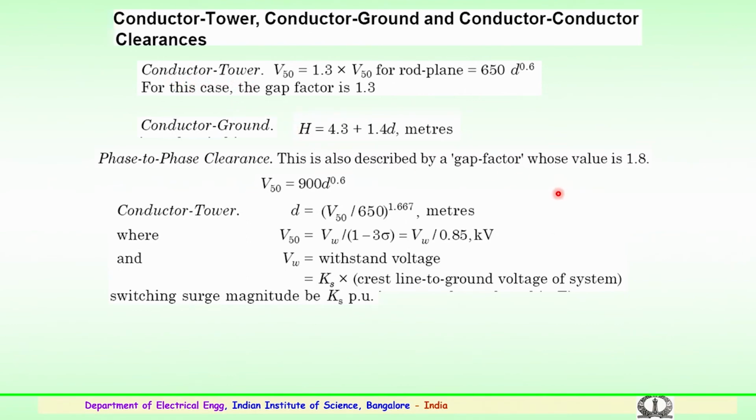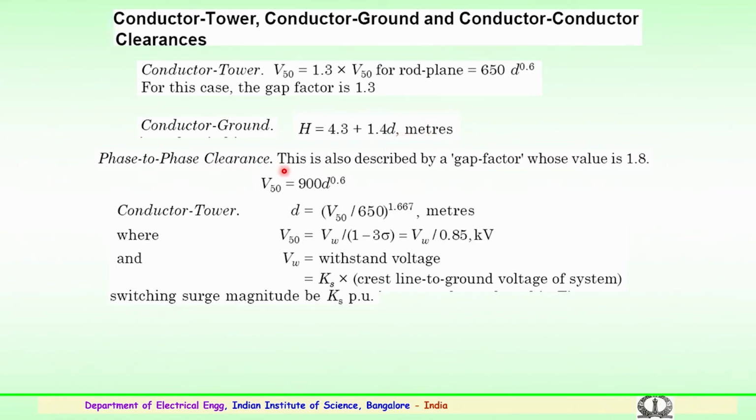It is given by a simple formula where V50 is equal to 1.3 into V50 for rod plane type of arrangement, which is equivalent to 650 D to the power of 0.6. For this case, the gap factor is generally assumed to be 1.3, and for conductor to conductor, H is equivalent to 4.3 plus 1.4 d, d being the distance in meters.